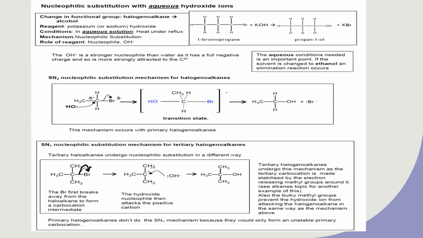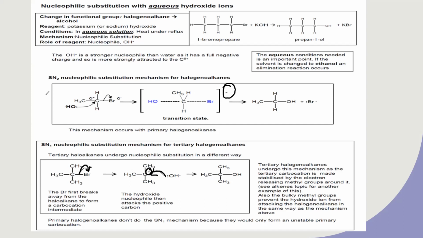So now a carbocation is formed, and now this carbocation can attract the OH and it results in the formation of alcohol. So here the intermediate carbocation, positive, is formed, whereas the other one was a negative ion. There the bond breaking and bond forming take place at the same time, whereas in tertiary, first the bond will break and then this bond will form.